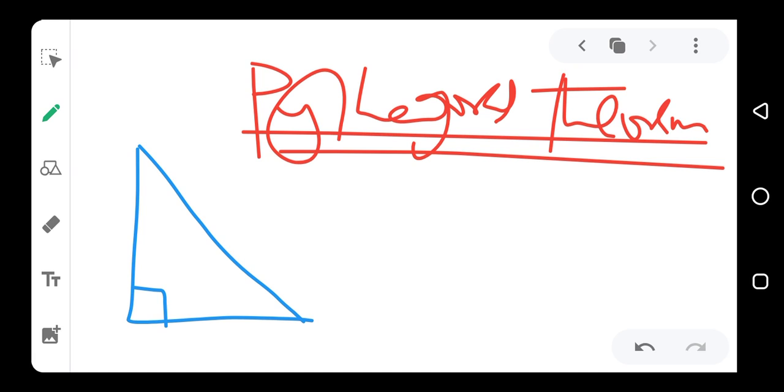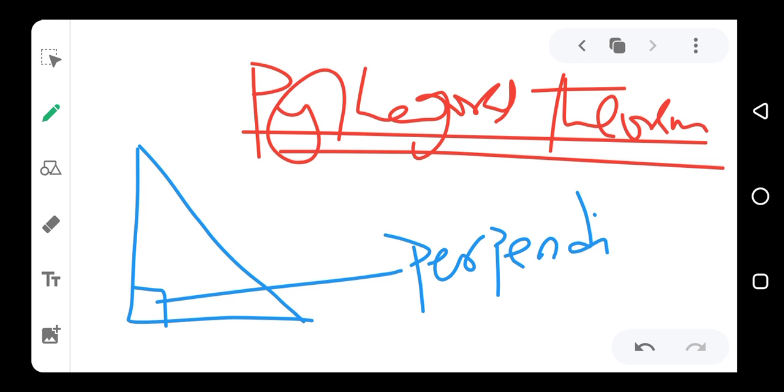This is the sign of perpendicular, an angle of 90 degrees.